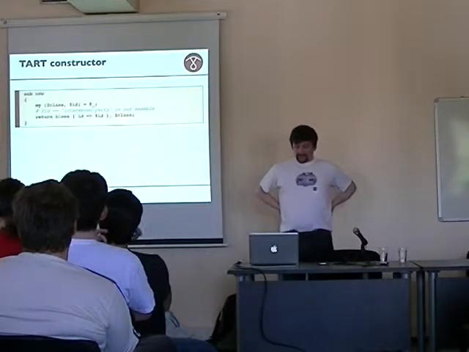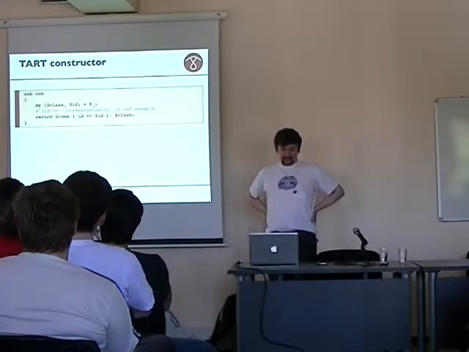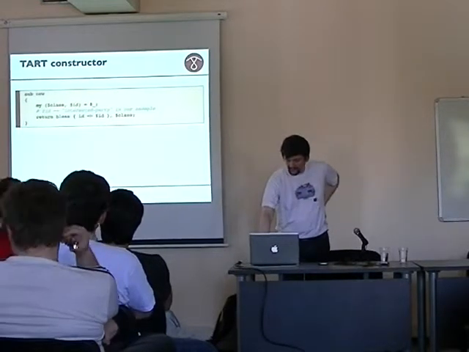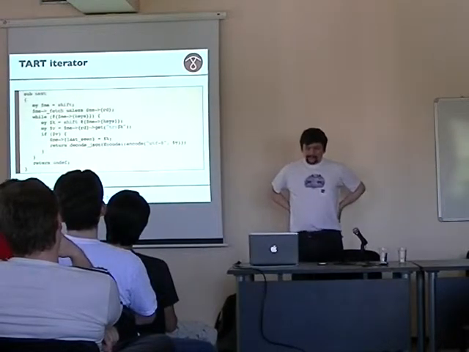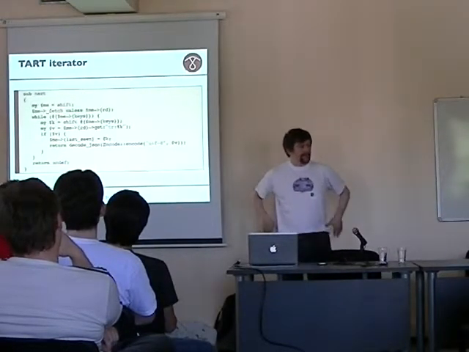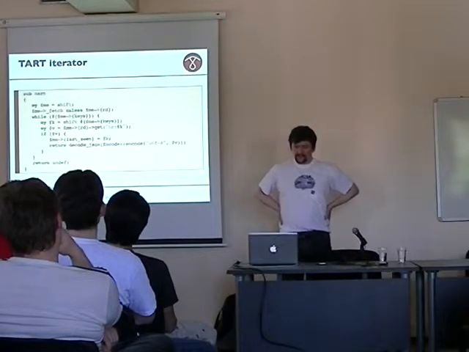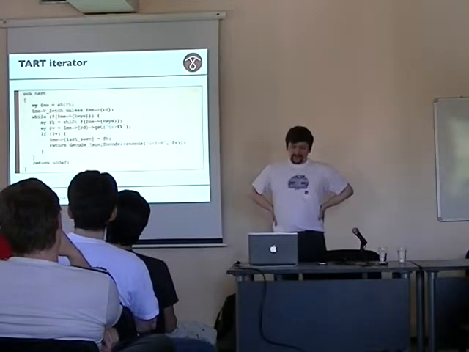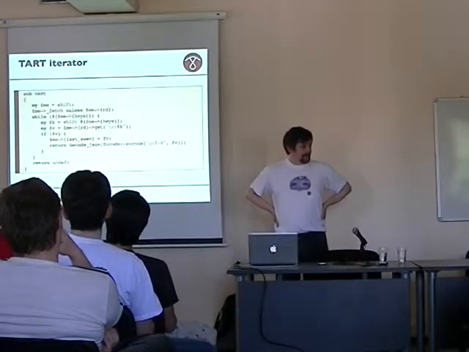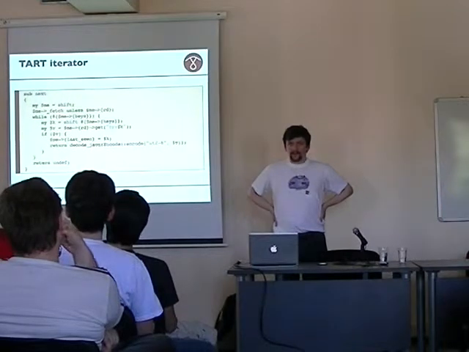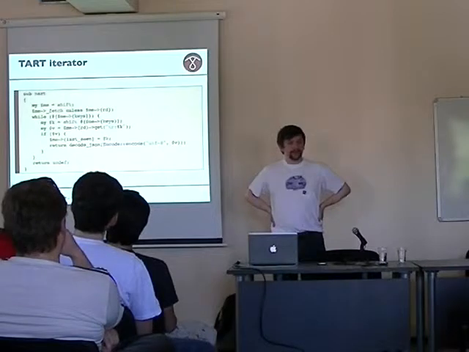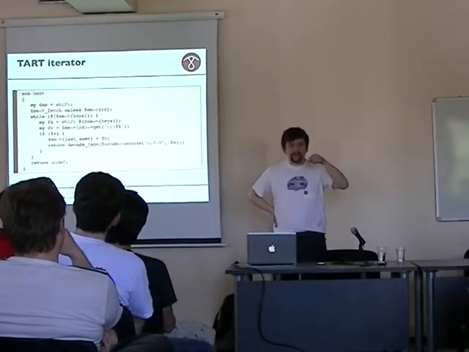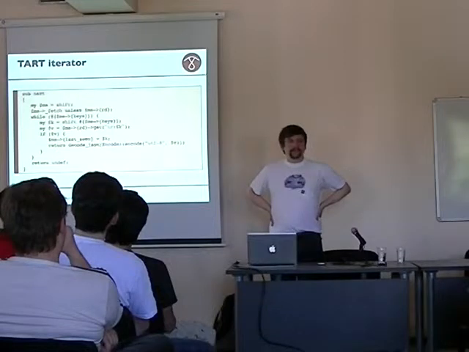And how do we do that? The actual code, well, the constructor does nothing, really. Just remembers the daemon ID. And the iterator fetches everything first, unless it was already fetched. Fetches all the keys which were created after this particular daemon has queried RT the last time.